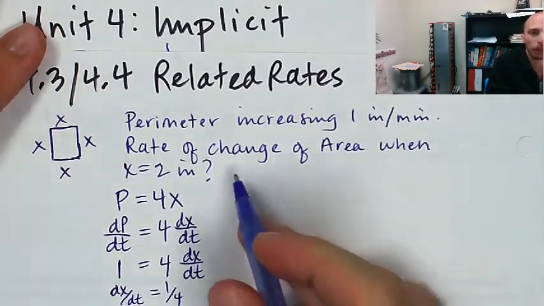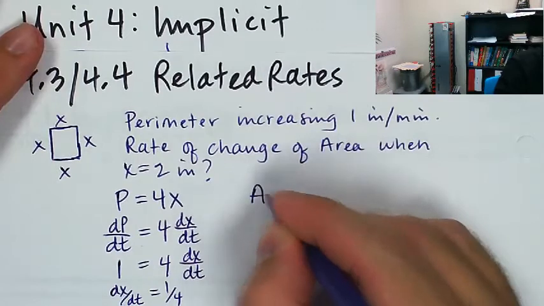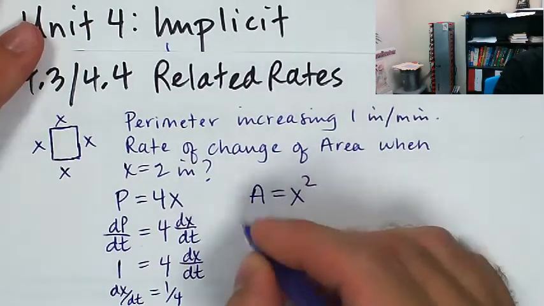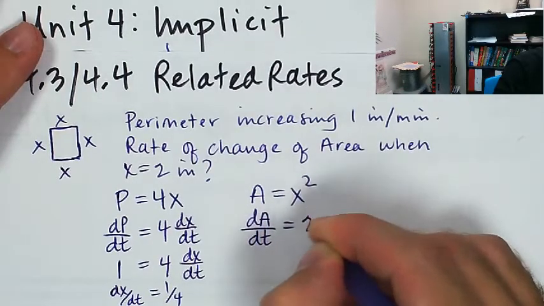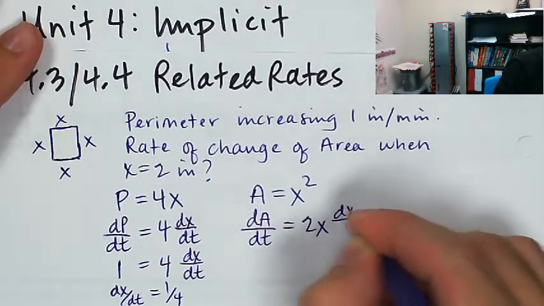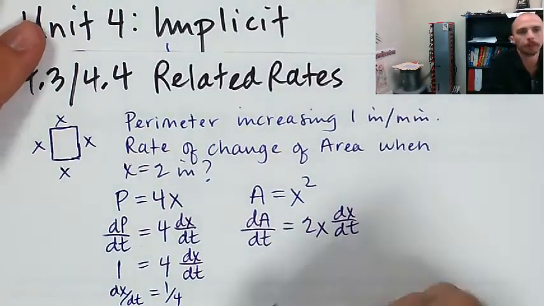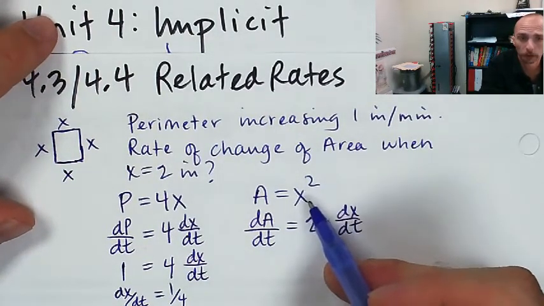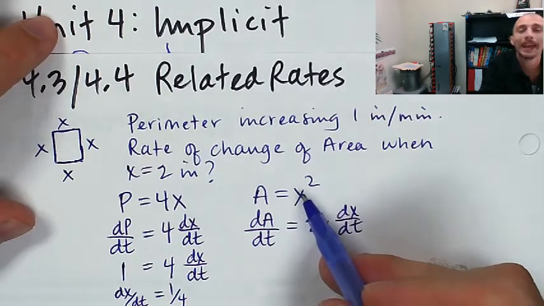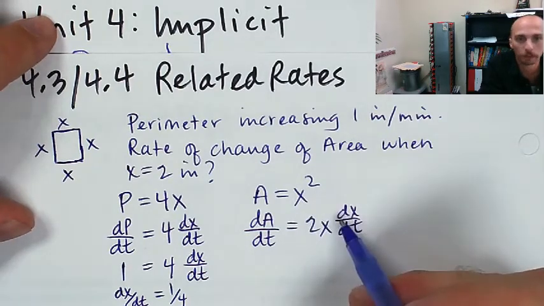Then, I want the rate of change of area, so I should start with the area formula. Area is x squared. Take the derivative with respect to time, and that's 2x dx/dt. That's 2x for the derivative of x squared: take the derivative of the outside, leave the inside the same, and then take the derivative of the inside for the chain rule.